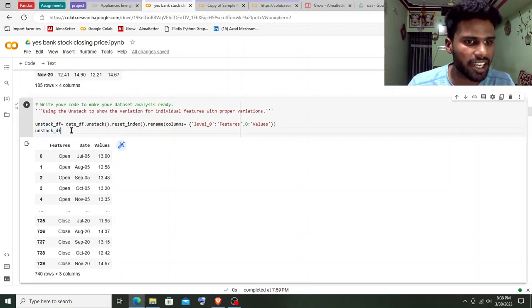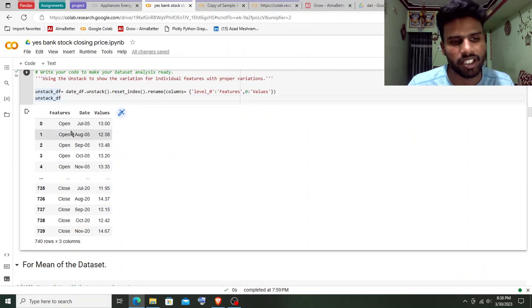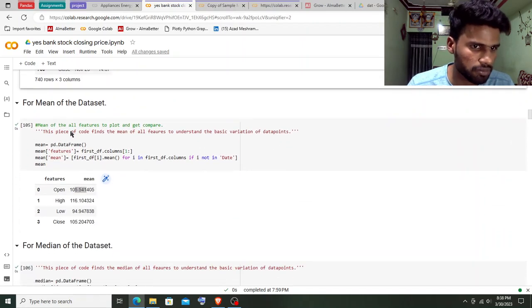So I have unstacked it and we have visualized it in the data visualization section.